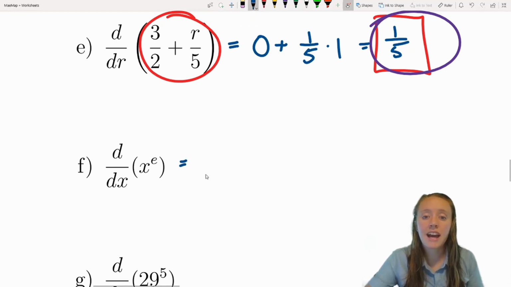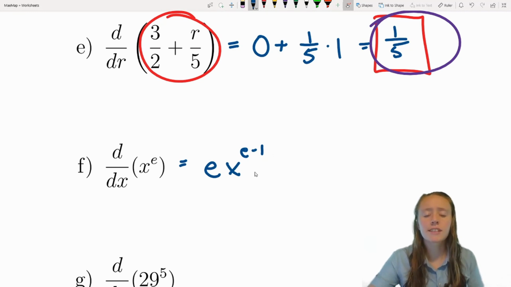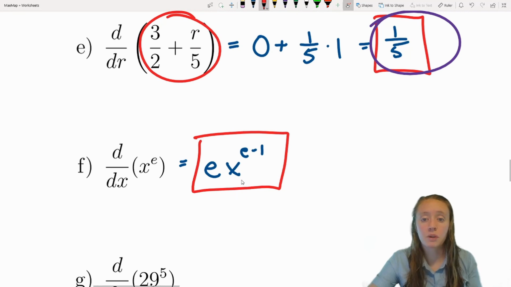We're going to bring that exponent down in front, so e, and that's going to be x to the e minus 1. And we're not going to simplify e minus 1 down because it doesn't really do anything for us. So e times x to the e minus 1 would be the solution for F. e x to the e minus 1.